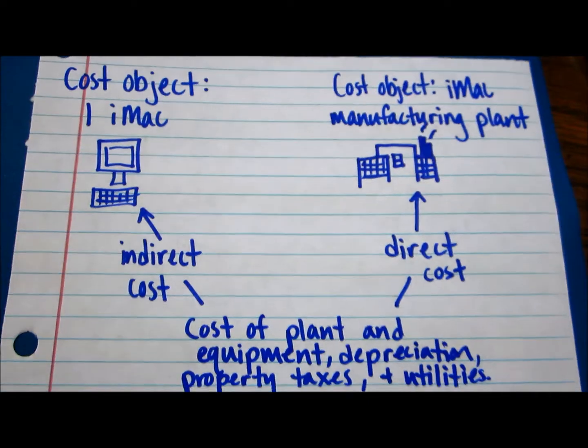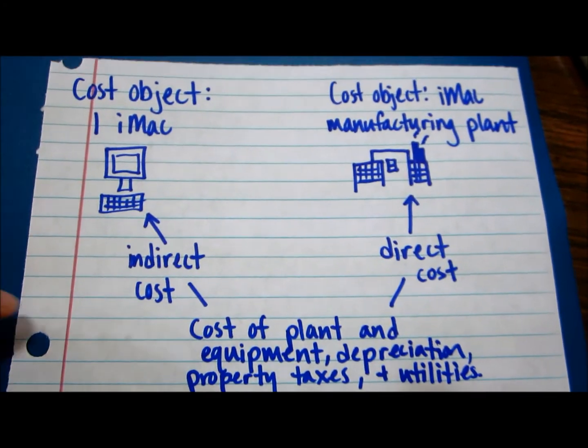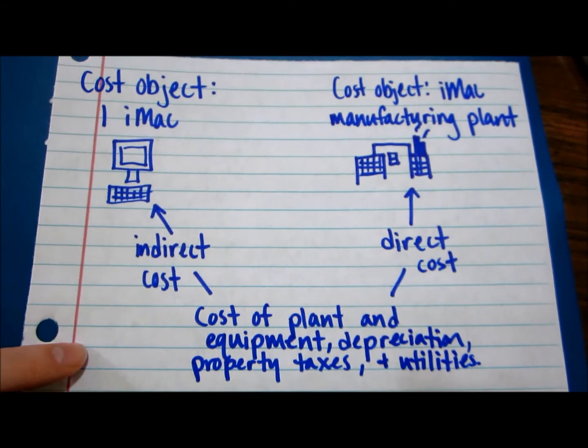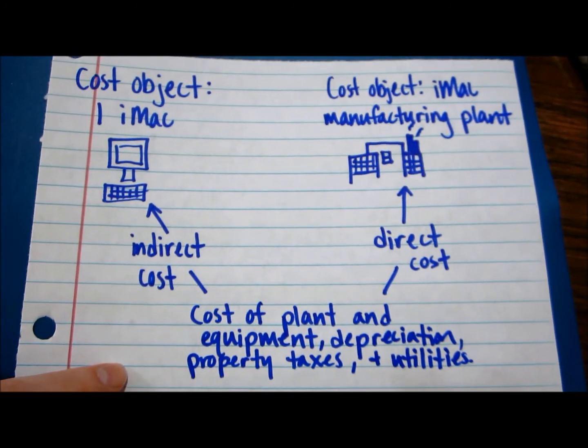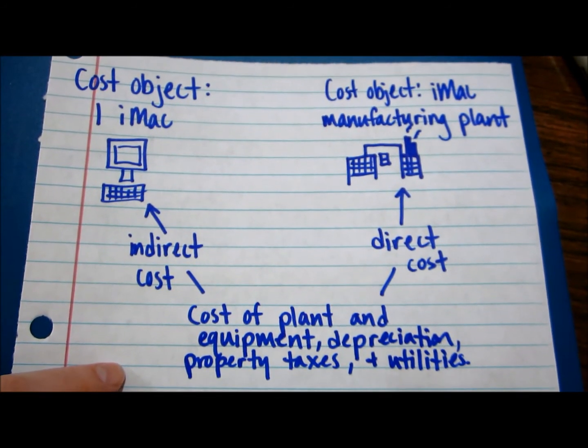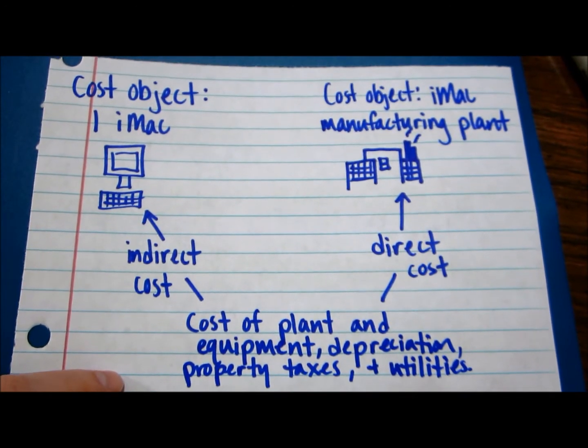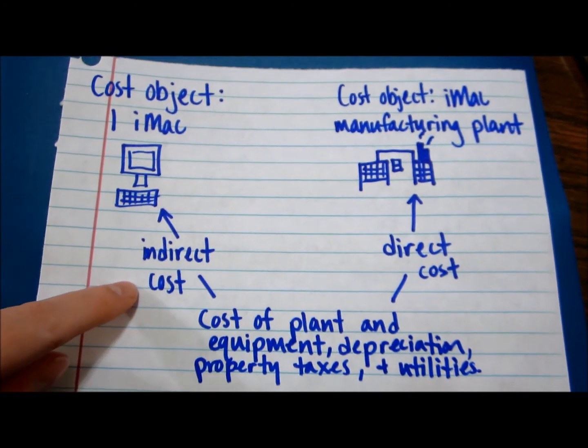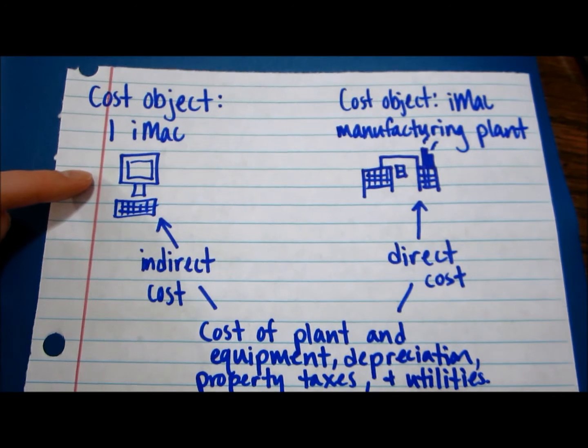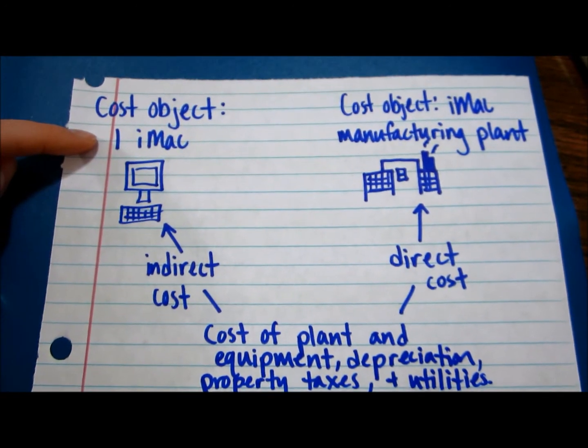Yet, all of this can change with different cost objects. So the same costs can be indirect with respect to one cost object, yet direct with another cost object. So the cost of the plant and equipment and depreciation, property taxes, and utilities are all indirect costs of a single iMac when the iMac is our cost object.